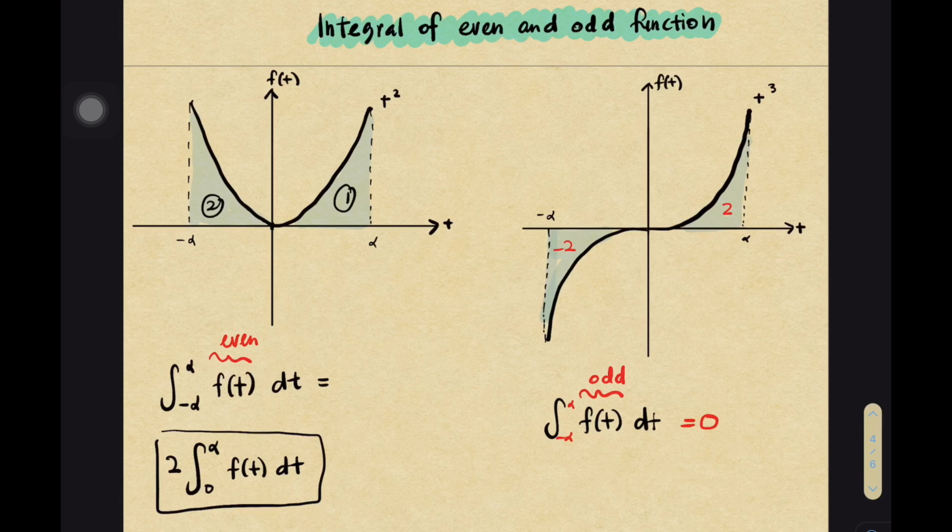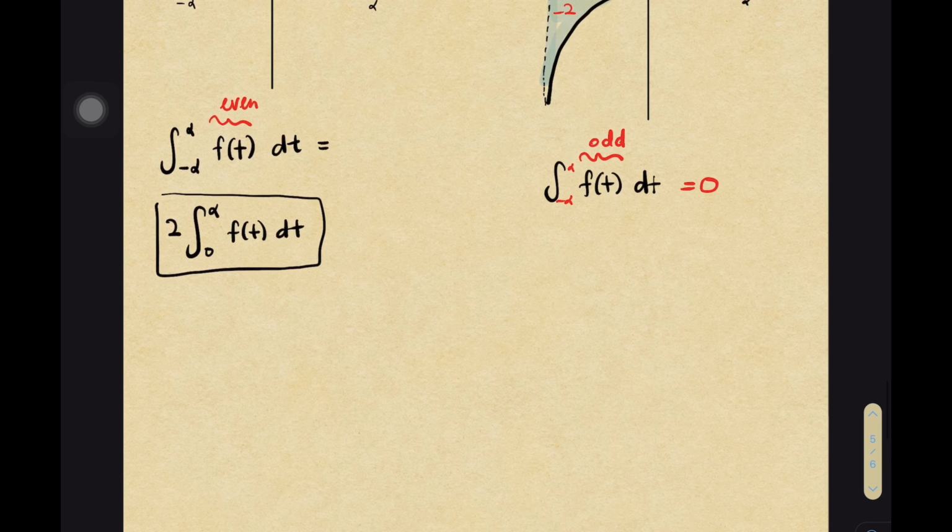If the function is odd, the value of its integral is equal to 0. While if your function is even, you can write your integral as 2 times the integral from 0 to alpha, which is half of the range, of f(t) dt, with respect to t. Okay, so let's see an example.